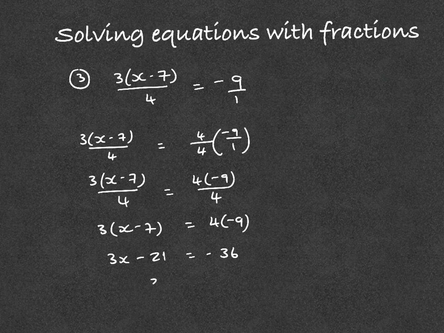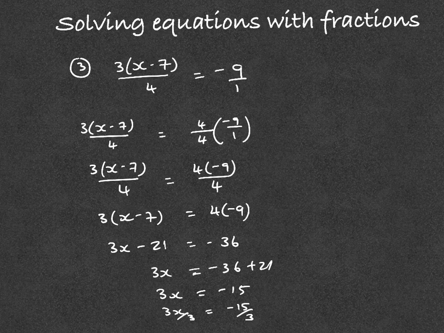Okay, so that means 3x is equal to negative 36 plus 21, 21 on both sides. So that means 3x is going to equal minus 36 plus 21, which is negative 15, and you divide by 3 on both sides. So what is 3x divided by 3 and what is negative 15 divided by 3? That means that x is going to equal negative 5. So that's one way to do it.